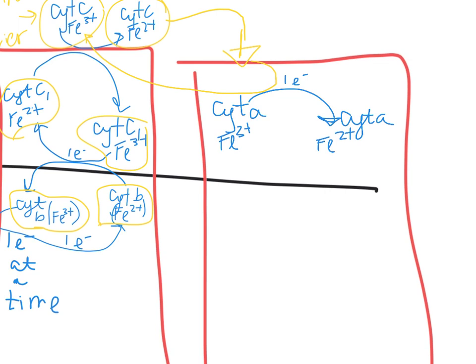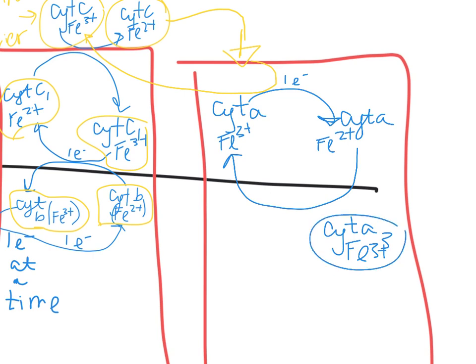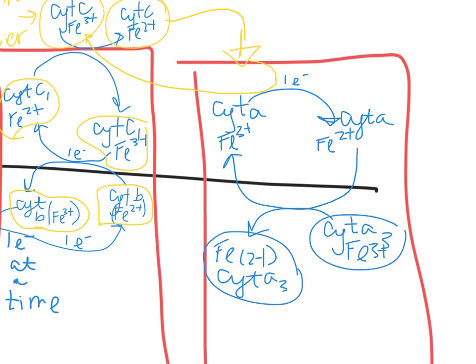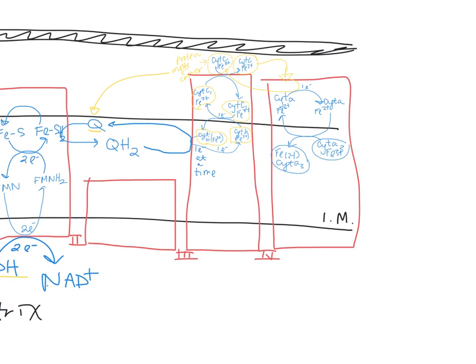Okay, and then finally, these electrons are going to move onto cytochrome A3. This is the really important cytochrome to remember. So cytochrome A3 will be reduced to an Fe2+. Again, all cytochromes have hemes in them. And then I'm going to zoom back out.